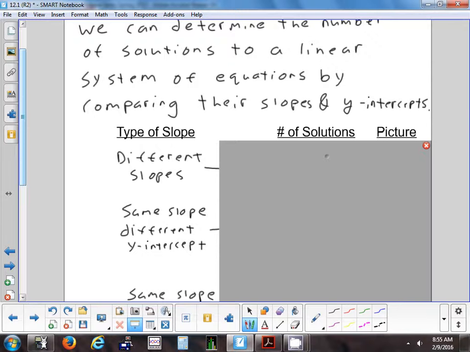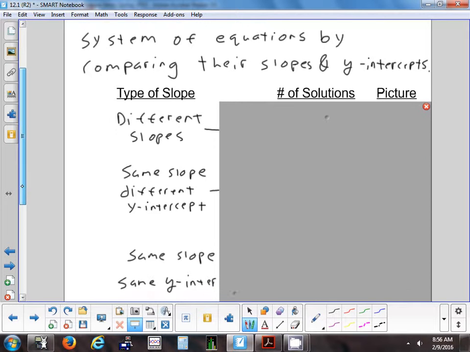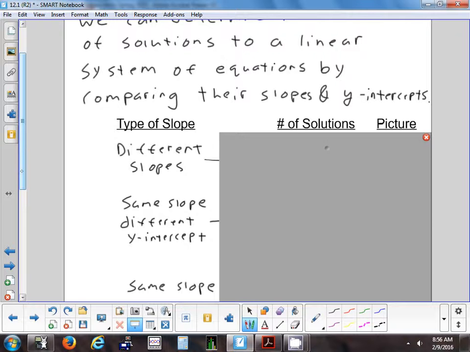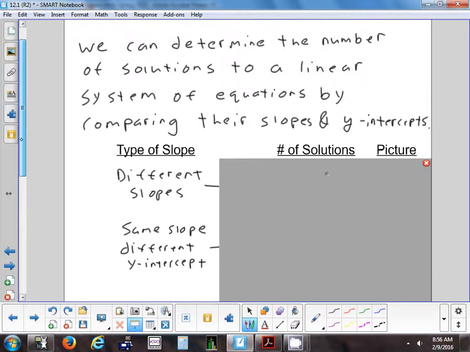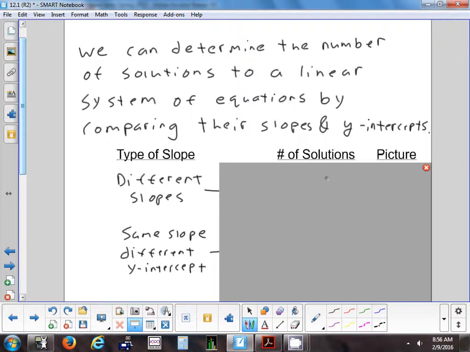They have type of slope, number of solutions in the picture, they just have to write in the rest of it. So we're going to find out how many solutions a system has just by looking at 2 things, the slope and the y-intercept.